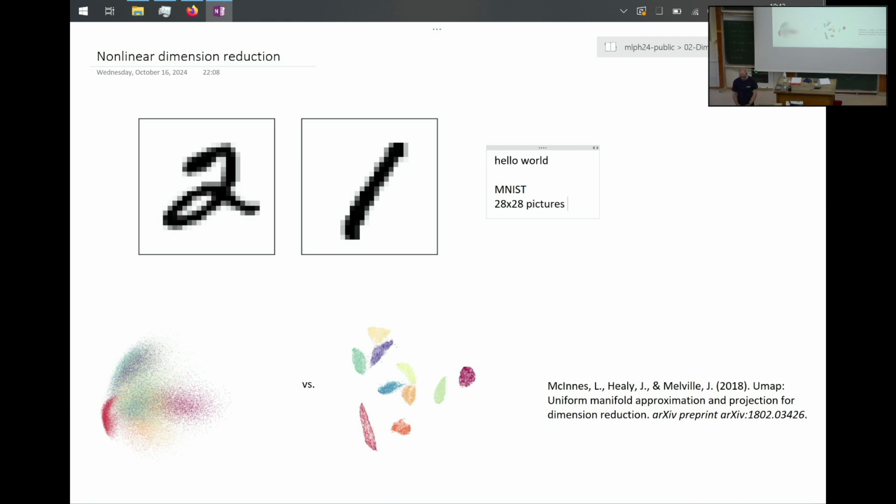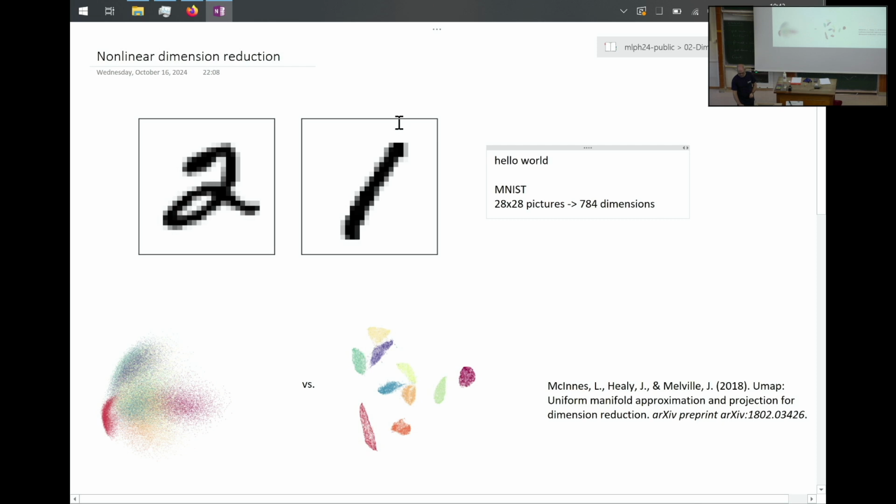So that means we have, is it something like that? 784 something dimensions. Okay. 700 and some dimensions. And now, we like to think of pictures as pictures, but in machine learning, most of the time we deal with vectors.